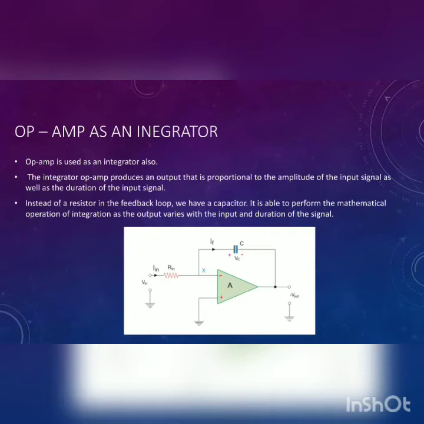The integrator circuit of an op-amp is shown in the diagram. That is, the input impedance is taken to be resistive and the output impedance is taken to be capacitive.